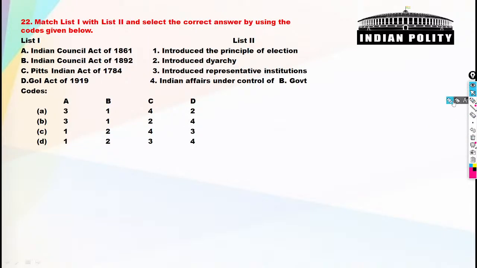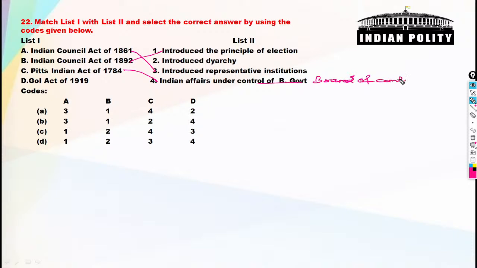Match list 1 with list 2. Indian Council Act 1861 introduced the representative system. 1892 introduced the principle of elections. 1784 introduced Indian affairs under the control of the British government, that means the Board of Control was established.